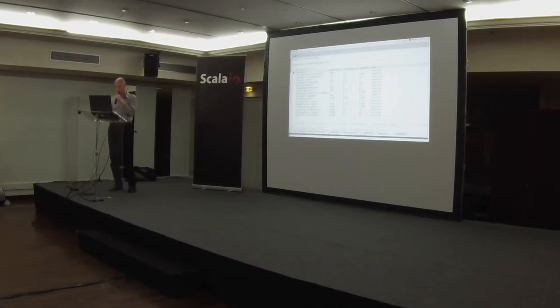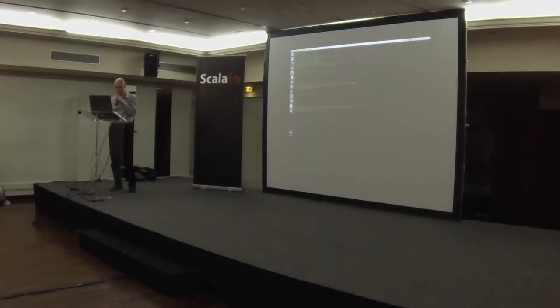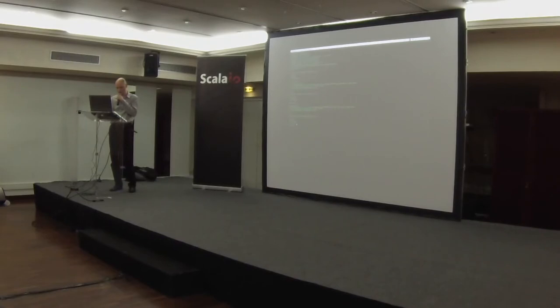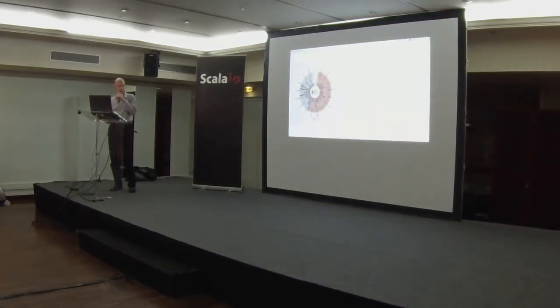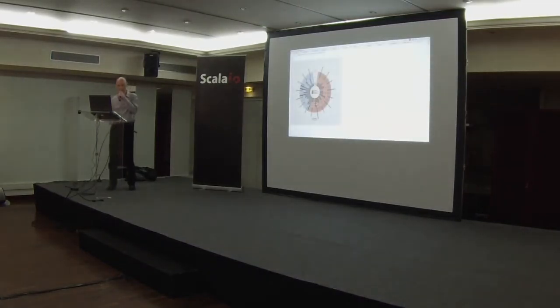Okay, so let's see how we can visualize this in a fancy way. So I'm back in SBT, running. Okay, so we have it here. So this is not a generic plot that you can have in the API of Bokeh.